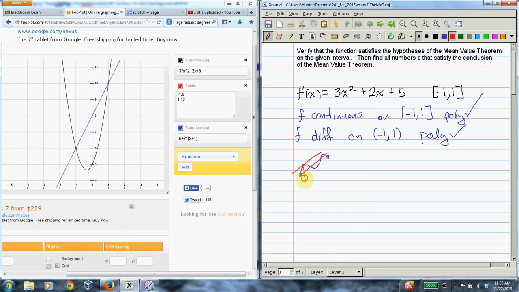So what the mean value theorem says is that C exists where f prime of C is equal to the slope of the secant line, which is f of b minus f of a over b minus a.